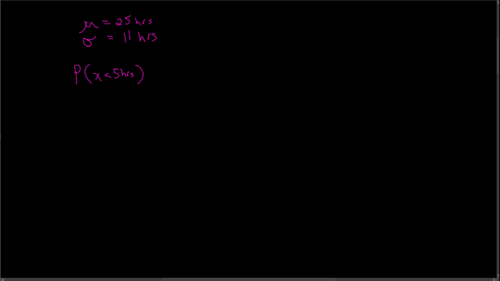So we'll draw our distribution with our mean here at 25 hours. And so we want to know the probability that it's less than x equals 5. Which, if the mean's 25, this is going to have to be to the left.